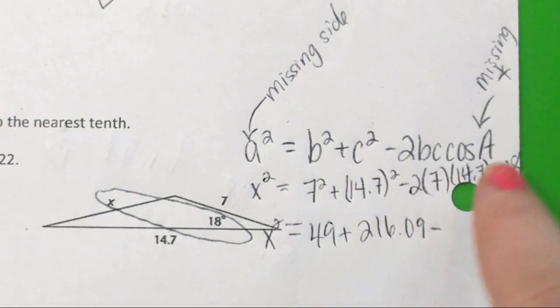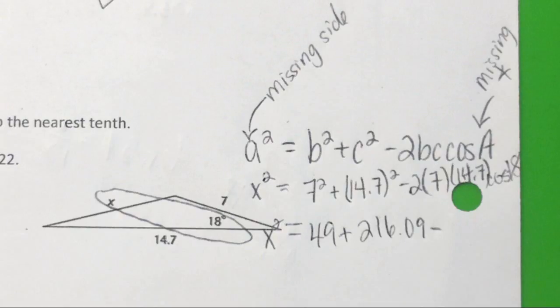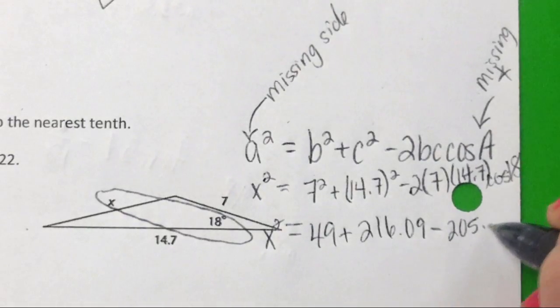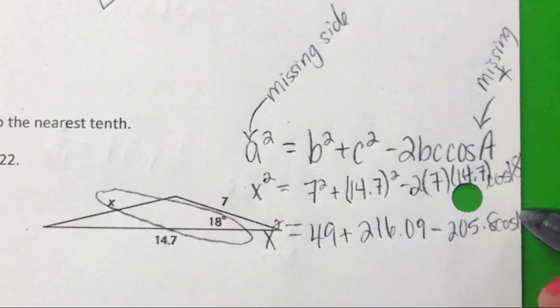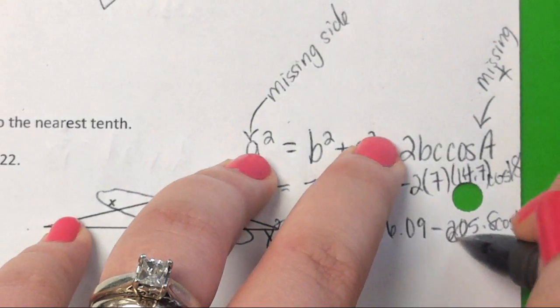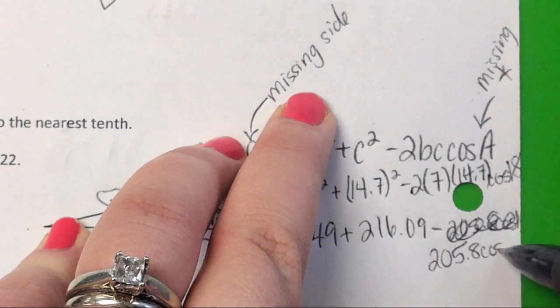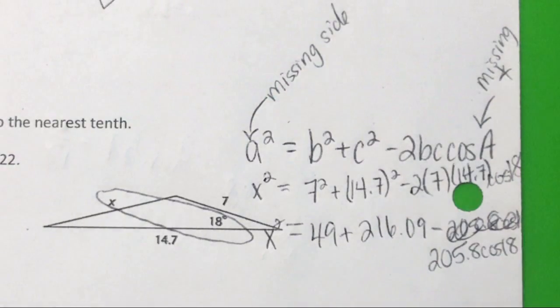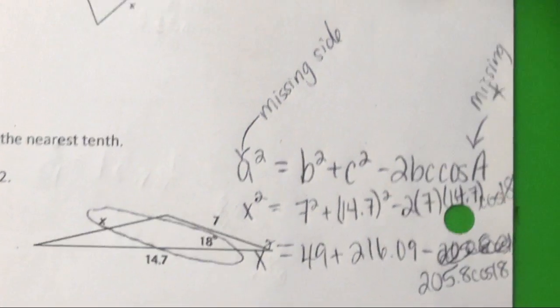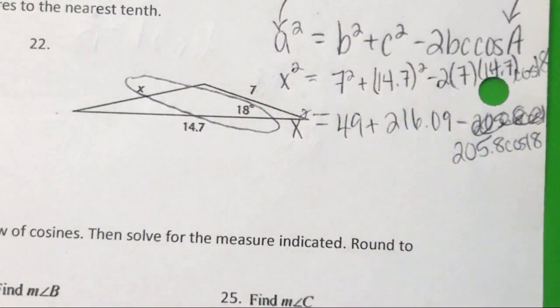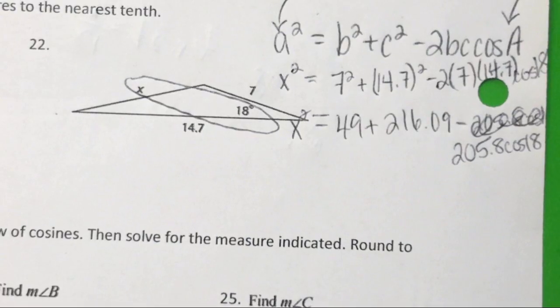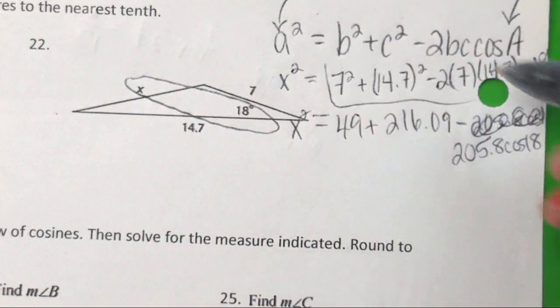She would do 2 times 7 times 14.7, get 205.8 cosine of 18. But again, I assume Miss Jessica was a good math student. Were you a good math student, Miss Jessica? No? Good, perfect. So Miss Jessica can keep doing this and solve for x, or she can do the lazy man's way, which is what she probably would have done in school.